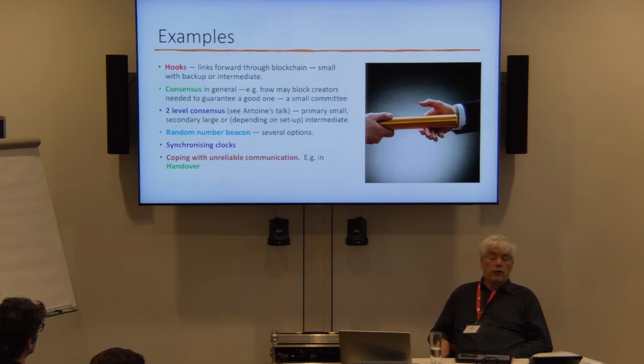Well, I found a way of doing that, which is effectively to add in the links that go forward as well. Of course, they're not put in directly, but they're put in a way that works in much the same way. In effect, you put a public key into every block, and the block creator uses that public key to add a pointer to a block quite a few steps down, which I call a hook.